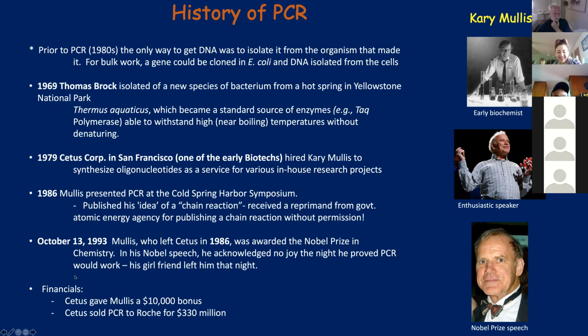And a final interesting point is that the Cetus company gave Mullis a bonus for his discovery, $10,000. They turned around and sold the technology to a pharmaceutical company, Roche, for $330 million.